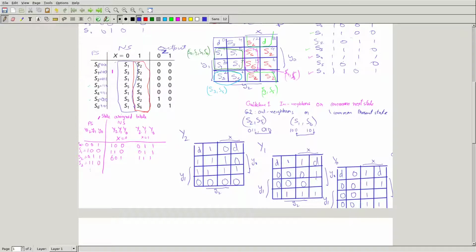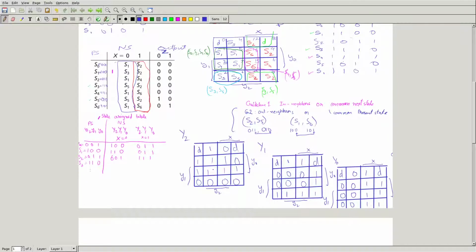S4 is 1, 1, 1. So guideline 2 doesn't create common groups across all 3 K-maps. Guideline 1 creates common groups across all 3 K-maps, but guideline 2 creates groups in 2 of the K-maps.